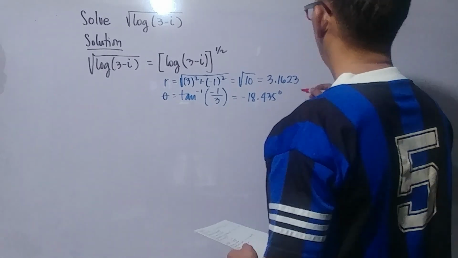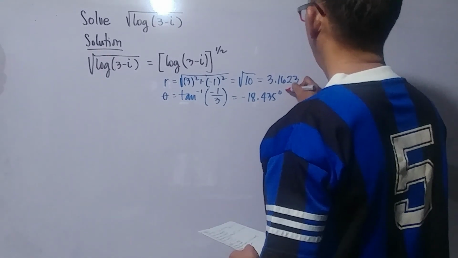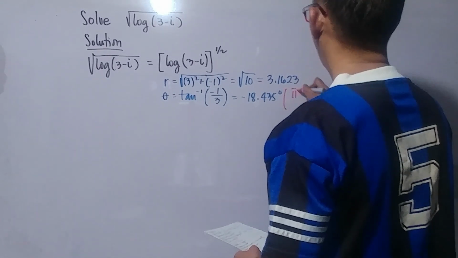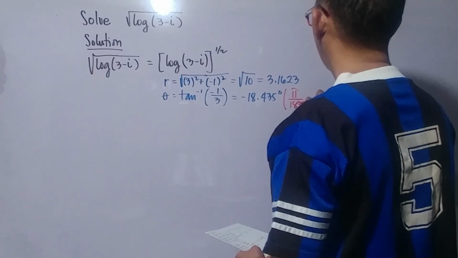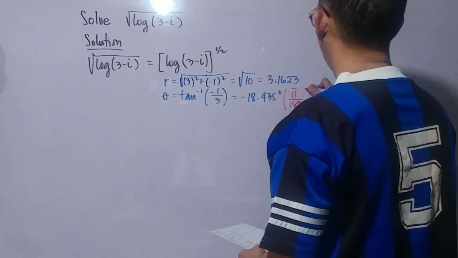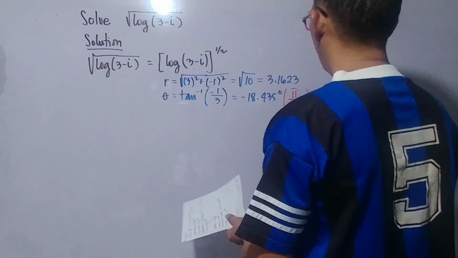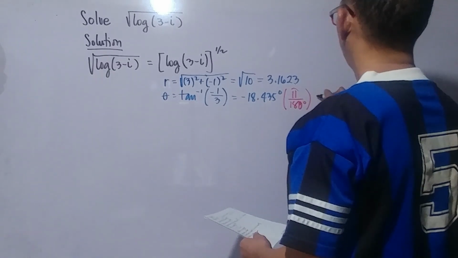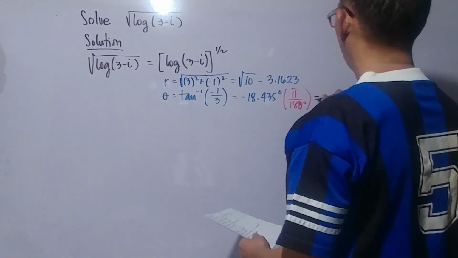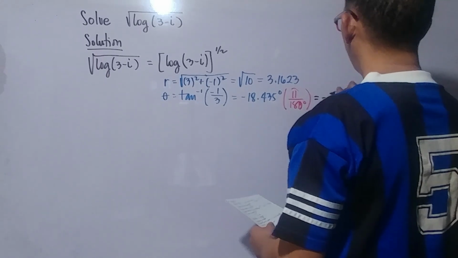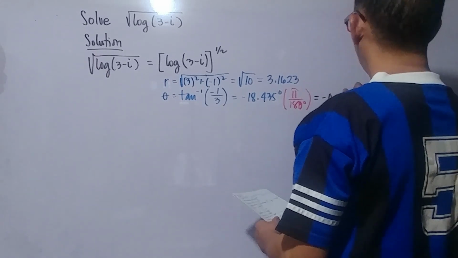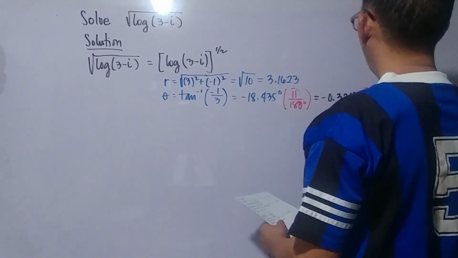To convert it to radian, you have to multiply it by pi over 180 degrees. So you have now negative 0.3218.